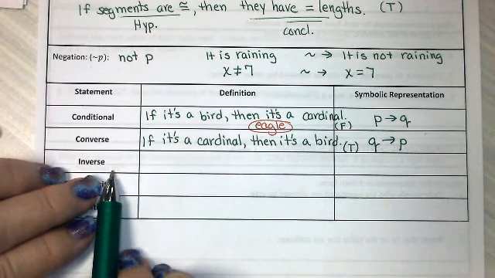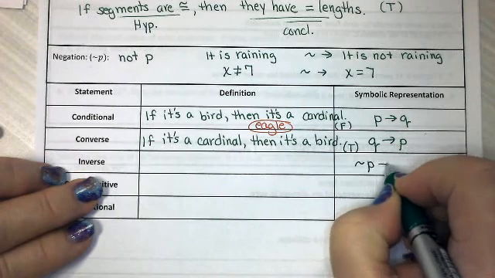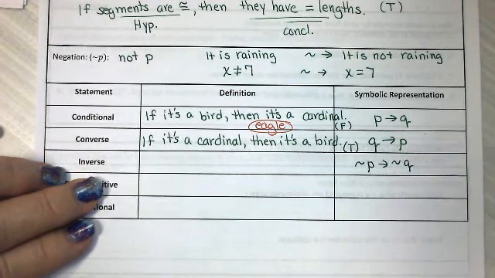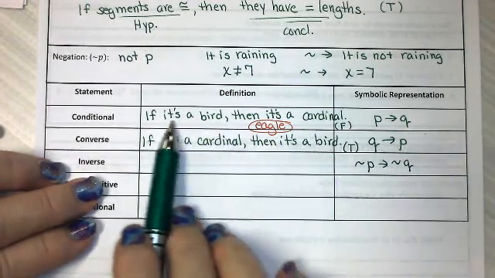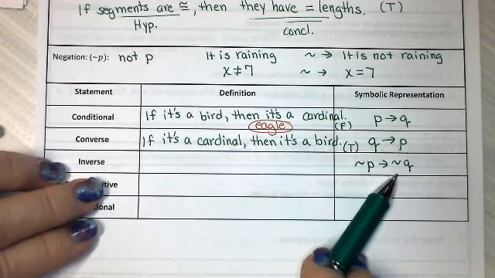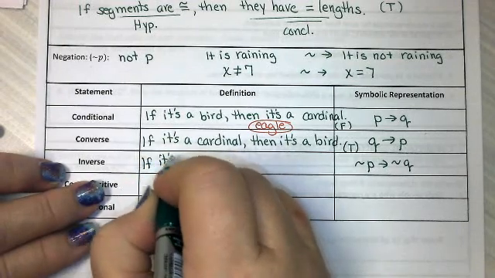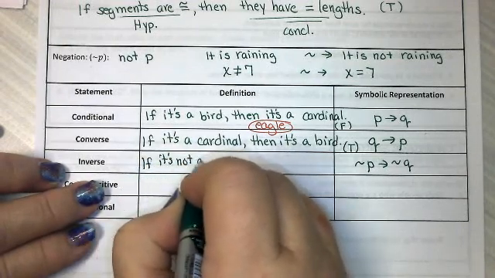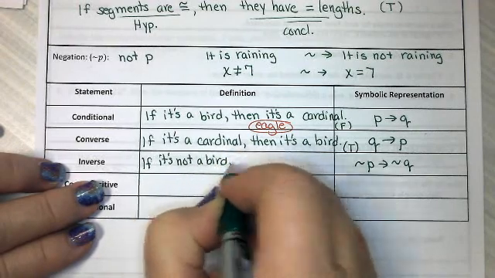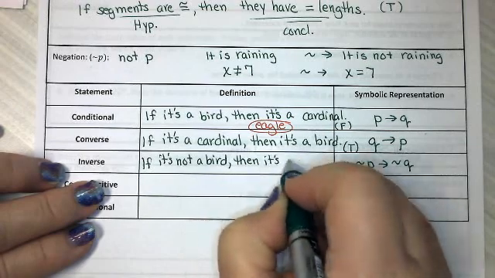The inverse. The inverse of a statement is going to be not P implies not Q. So we take our original conditional and we're just going to use the word not for those. So we're going to say if it's not a bird, then it's not a cardinal.